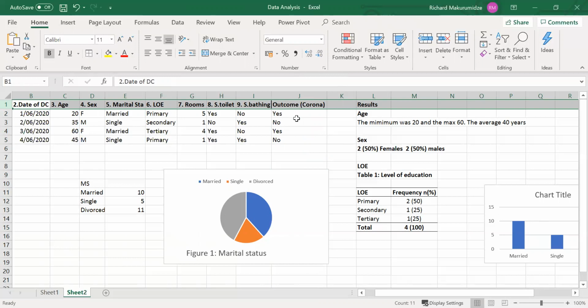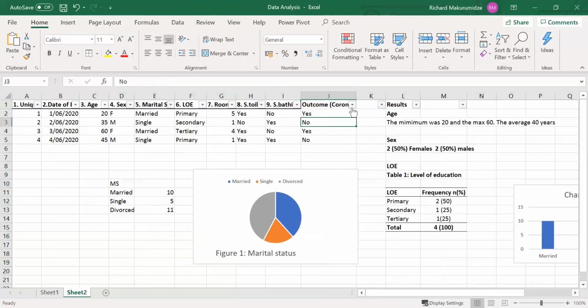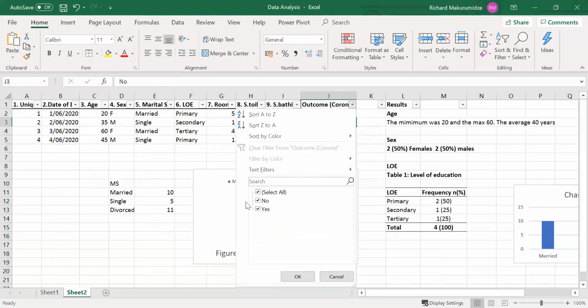I don't know how you can do it for yourself, but for me, there's a way I do it. I can put a filter and select only those who had corona, which is corona yes.